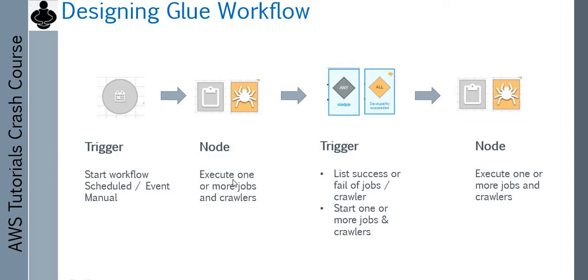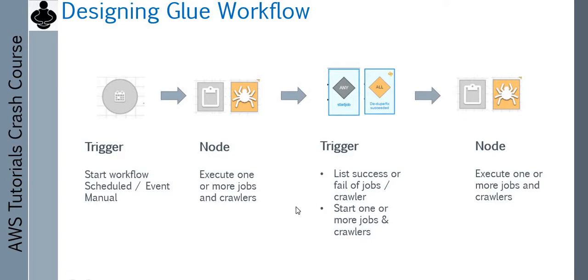And then when that node executes, it can hand over execution to the trigger again. And at this point of time, the trigger is based on the event. Since you are starting the glue workflow, your trigger could be based on three choices: either a schedule, or an event, or a manual execution.